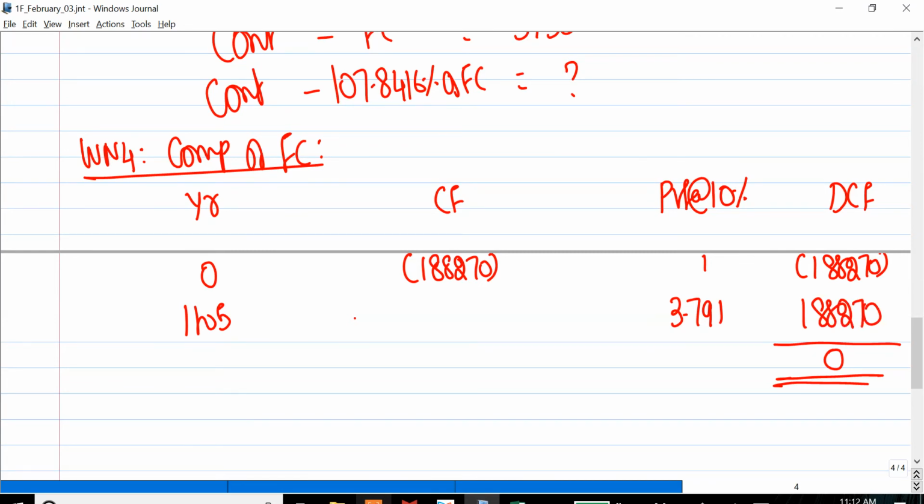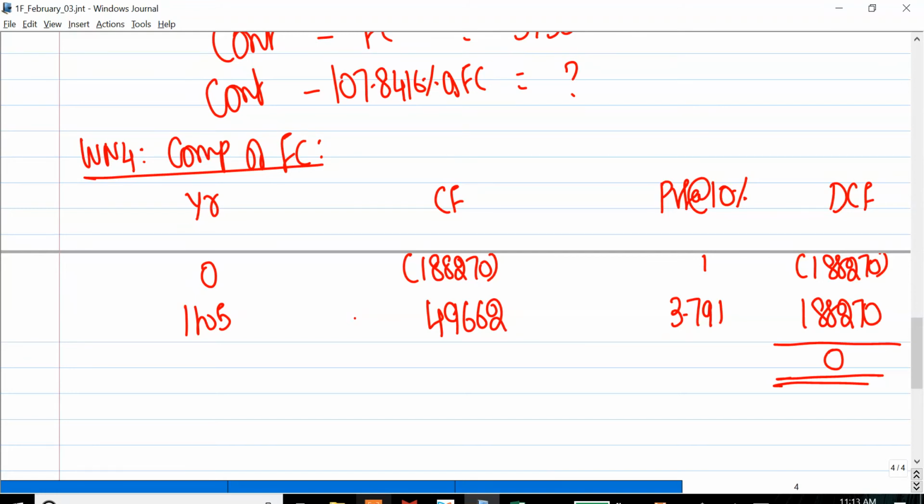Let us first find the annual cash flow at which we will have 0 NPV. Any doubts on this?